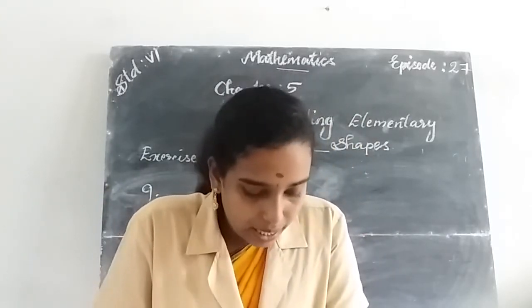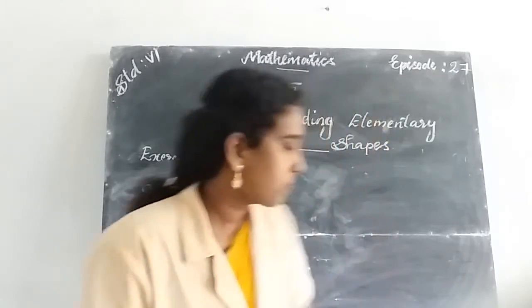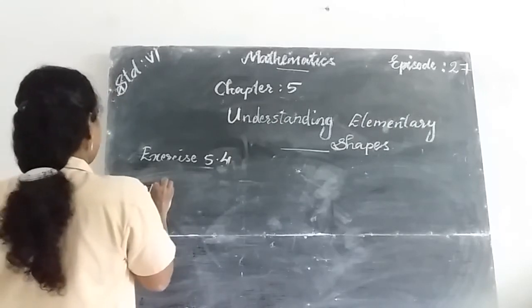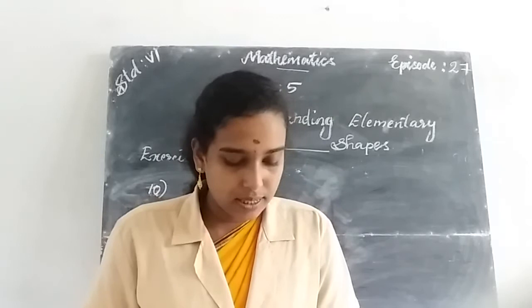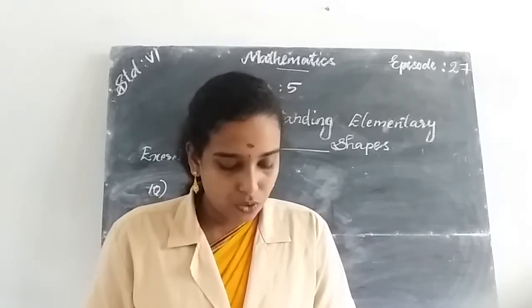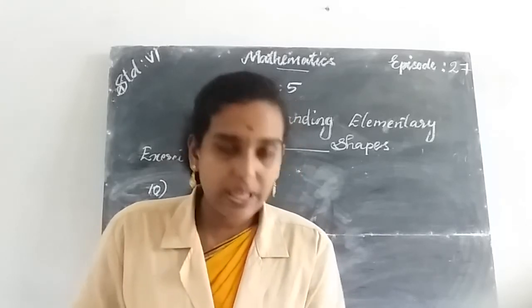Question number 10. In the given figure, the angle measures 30 degrees. Look at the same figure through a magnifying glass. Does the angle become larger? Does the size of the angle change?